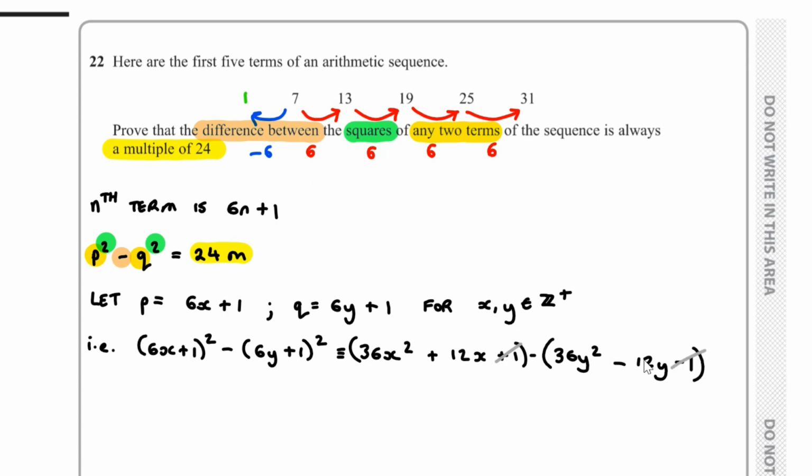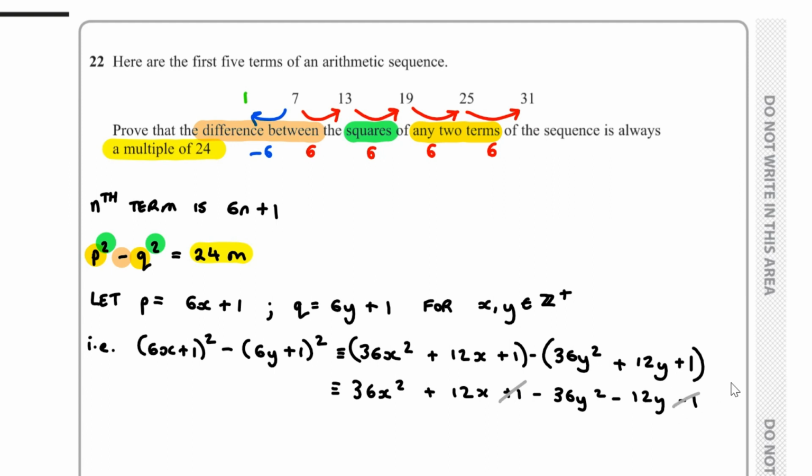Expanding the minus into the bracket, we've got 36x squared plus 12x plus 1 minus 36y squared minus 12y minus 1.